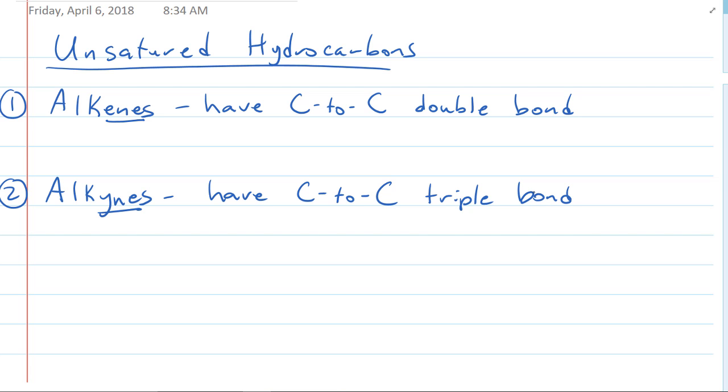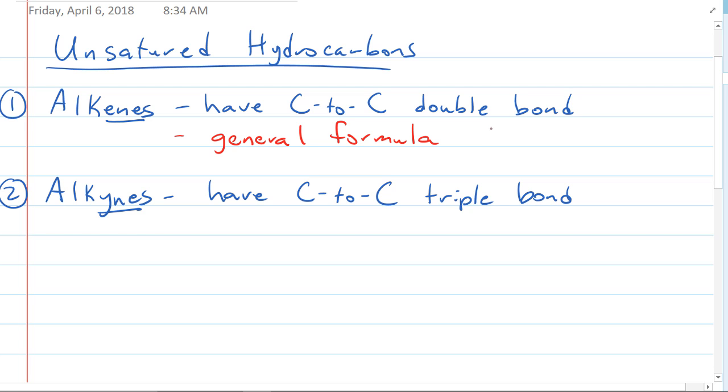So if we have a general formula for alkanes, we can also have a general formula for alkenes. And because these have a carbon-to-carbon double bond, and it has 2 less hydrogens than an alkane, we could say that the general formula would be CnH. How many hydrogens should there be in an alkene?